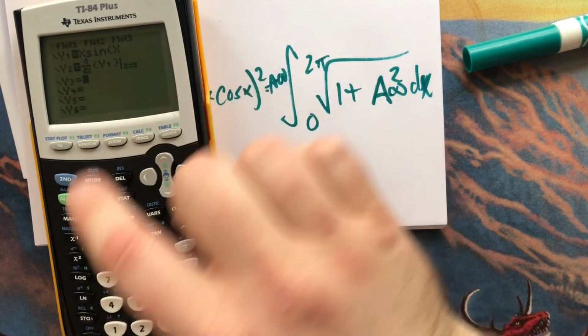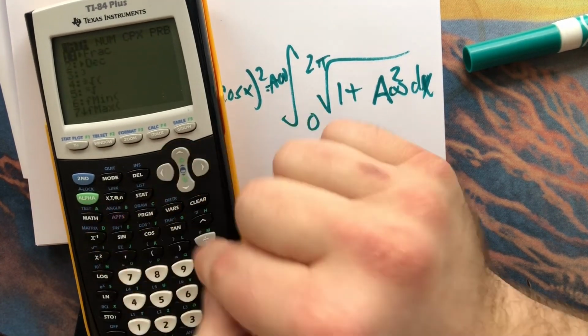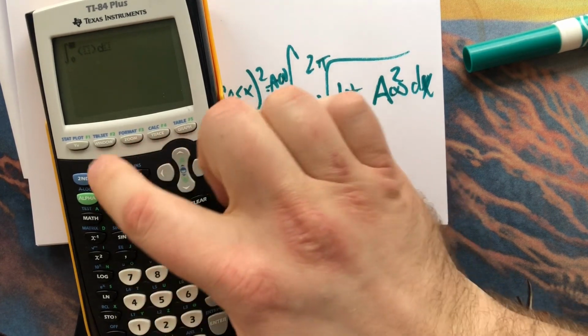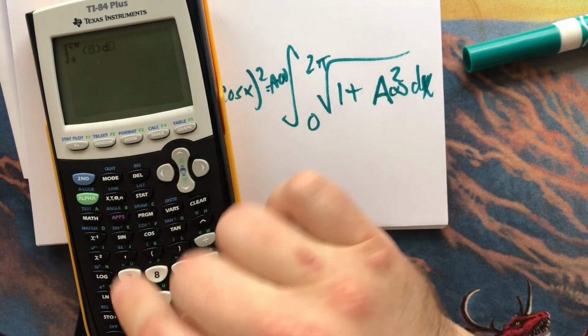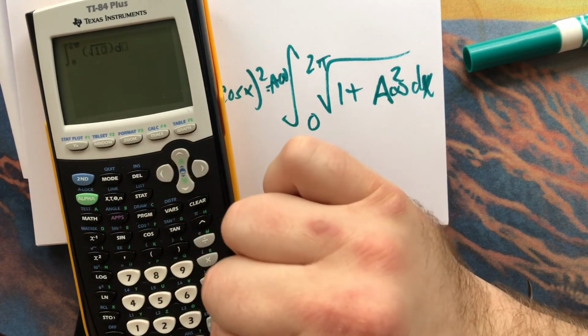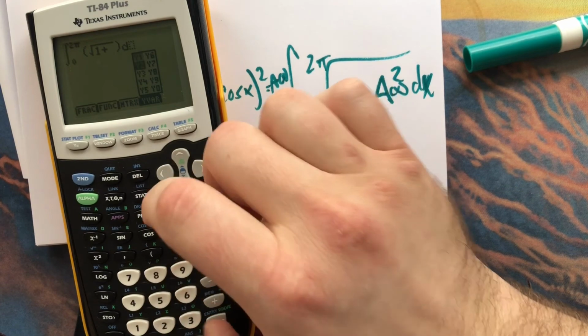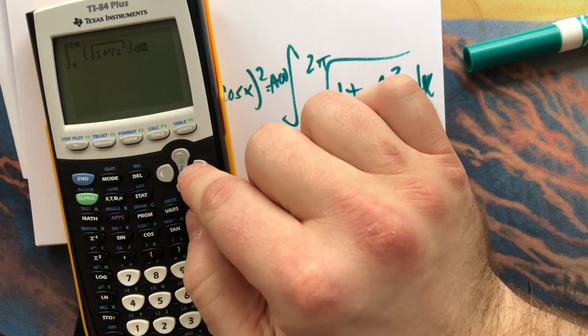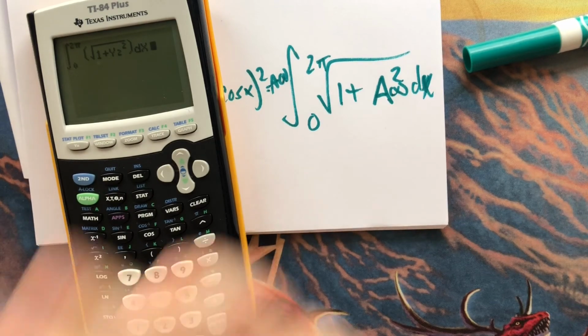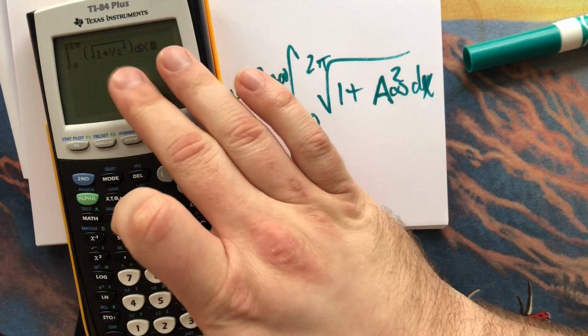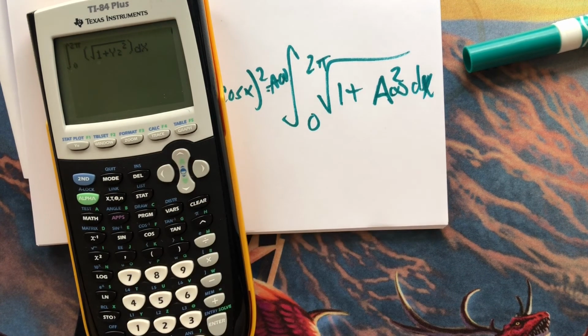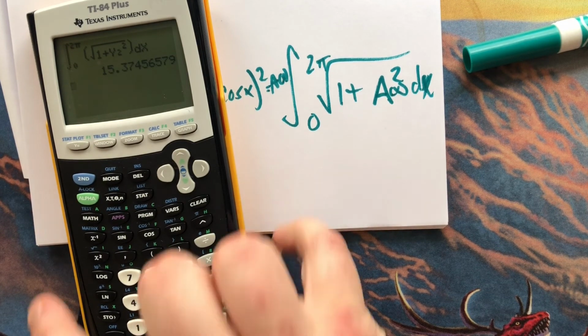Now that I have that defined as y2, I can take the integral from 0 to 2 pi of the square root of 1 plus my second function squared dx. And if you remember, the second function that I have in there was my derivative. It takes a lot longer because it's numerically getting the derivative and then squaring, but that should work.